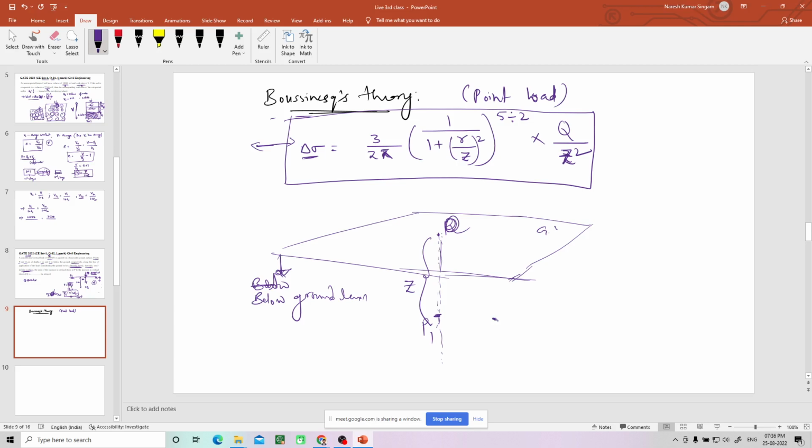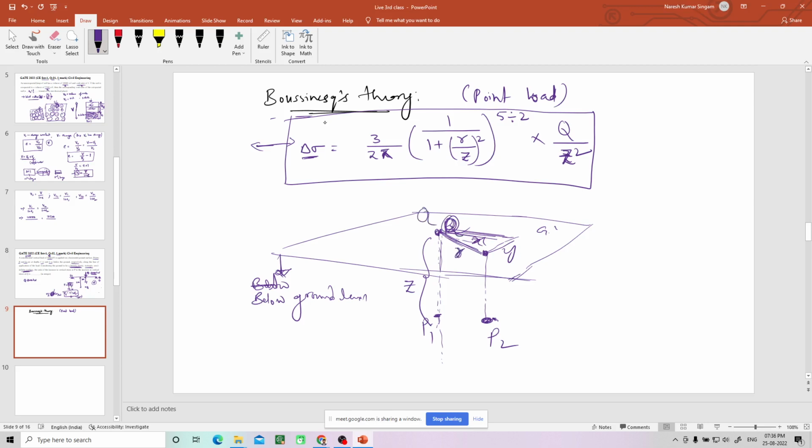So now this is R, in this direction, let us say X, and this is Y. At this position this P2 is there. So this is R, the minimum horizontal distance between the point and the application of the load. This is Q, this is R.